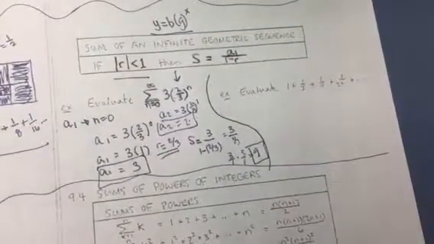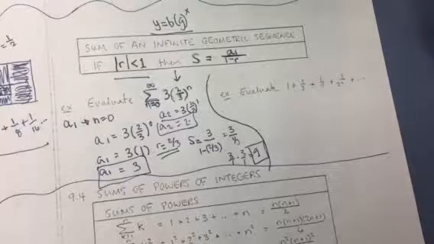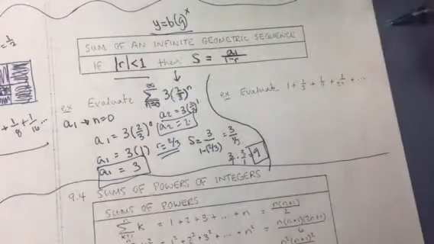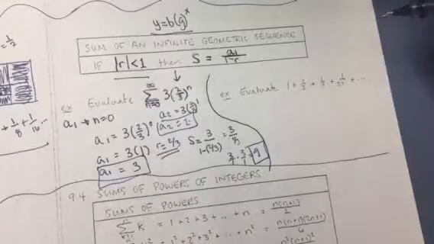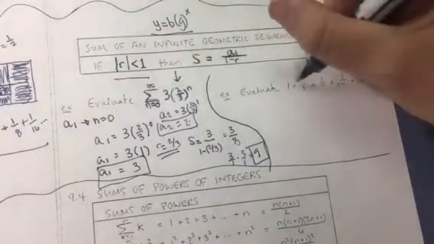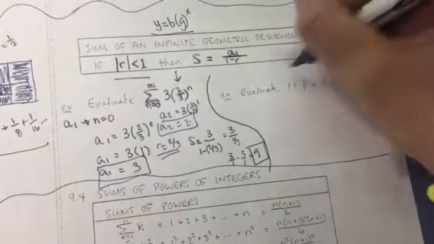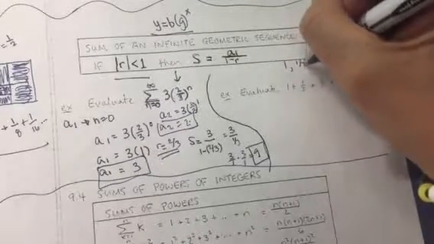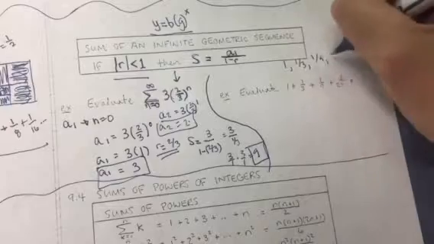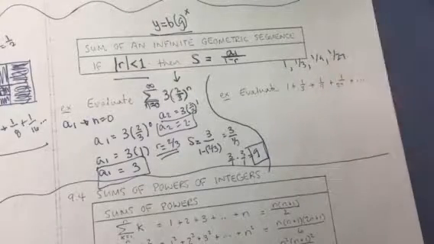All right, for our second example, we are asked to evaluate, and we are given basically a sum of numbers. So again, we need to look at this and be able to see that these numbers, 1, 1/3, 1/9, 1/27, and so on, are part of a geometric sequence.